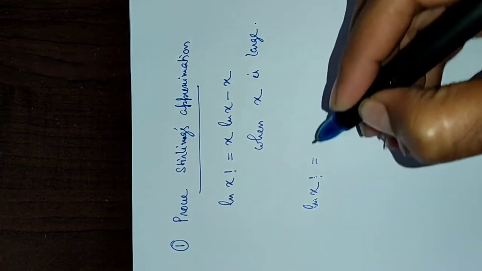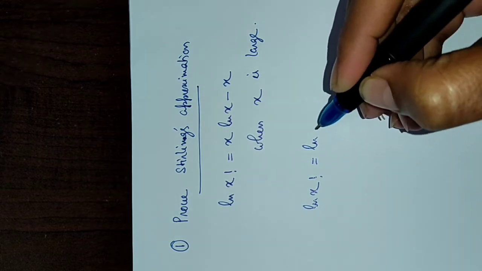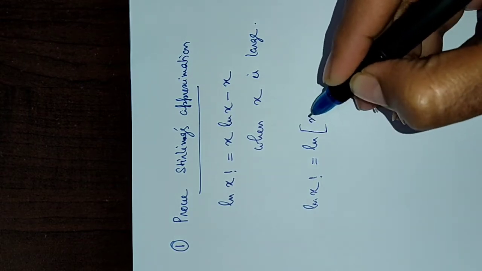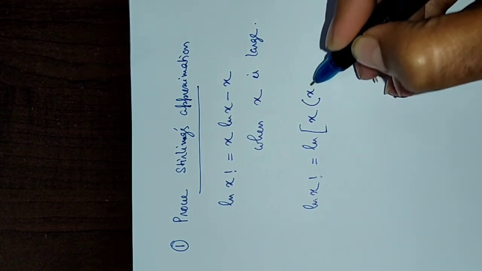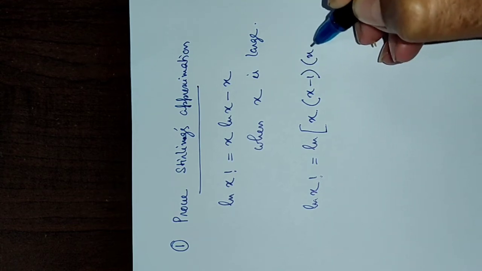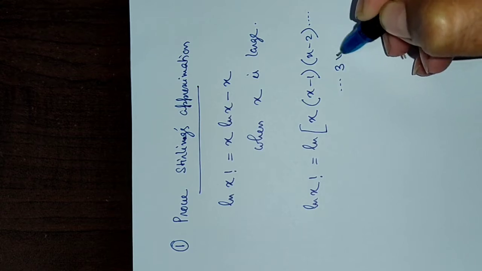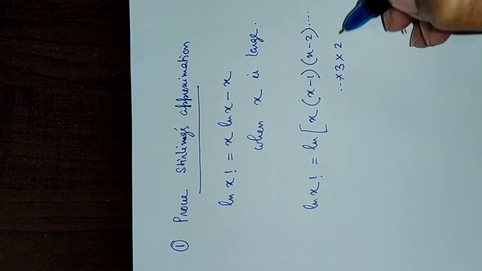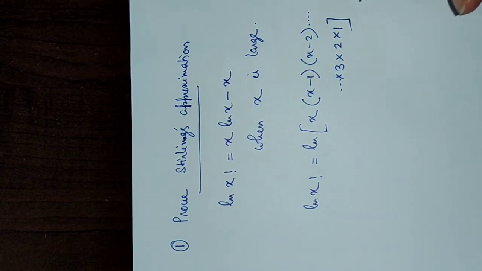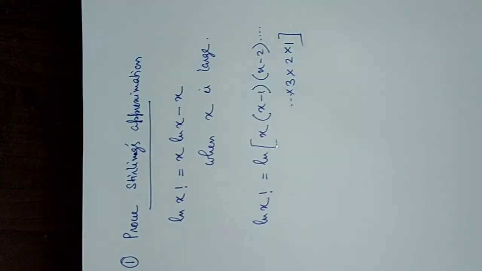ln x factorial. If we expand it, we will get x into x minus 1 into x minus 2 and so on, it will run down to 3 into 2 into 1, and then it will end.